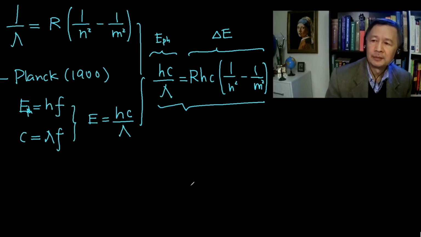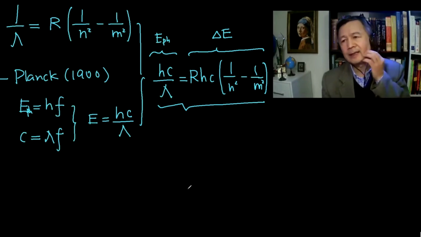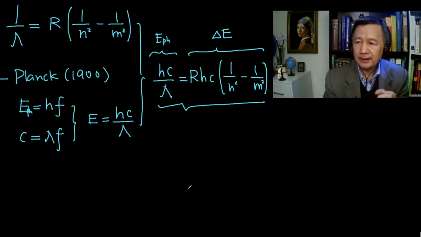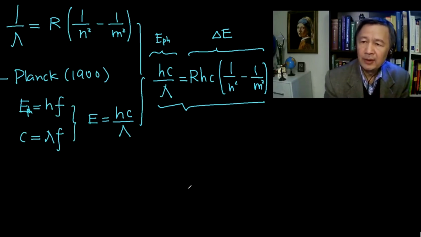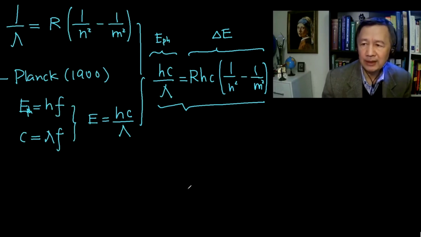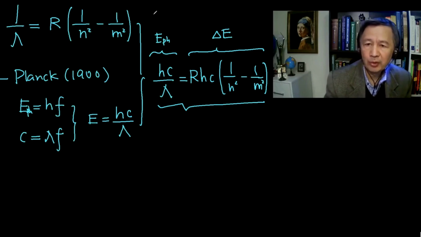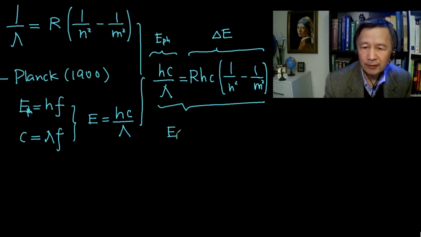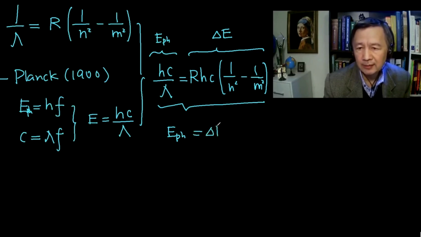If you have studied classical physics, we know that if you want to create some energy, then some system must lose a certain amount of energy. So if you rewrite this formula into an energy formula, the photon energy will equal the change in energy.